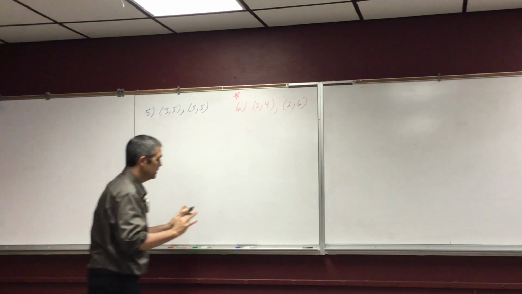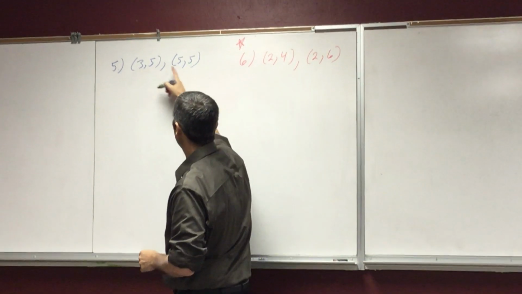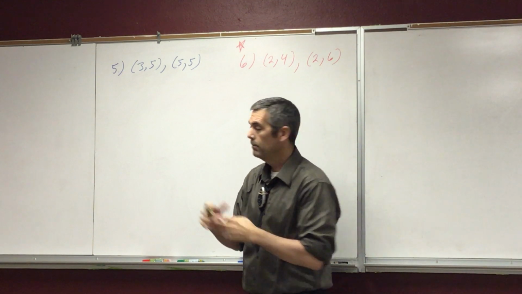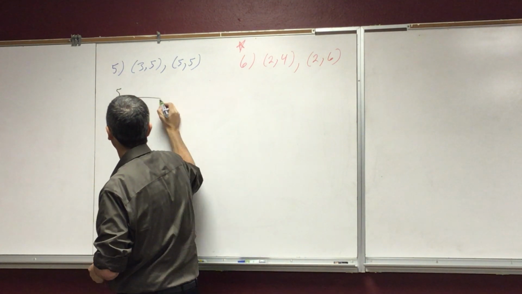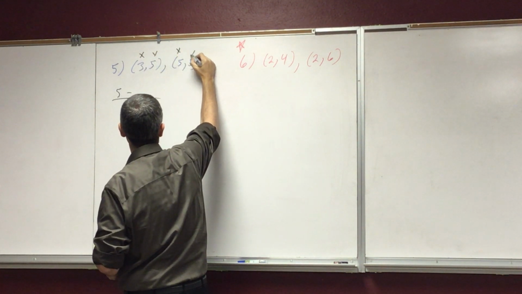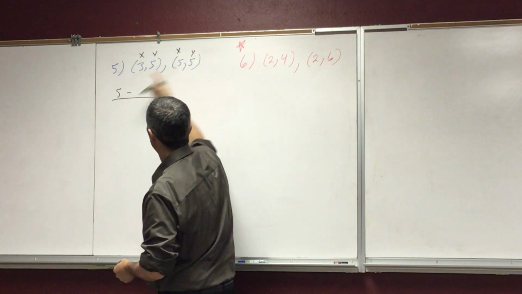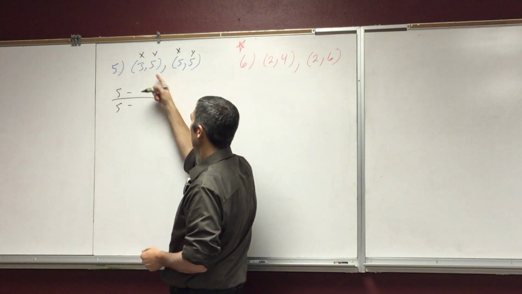All right. Got just a couple more, but it's going to be the same process. 3, 5, 5, 5. Put them into slope formula. So 5 minus, here's your x, here's your y, here's your x, here's your y. Okay. 5, and I'm going to use this one. 5 minus, okay.